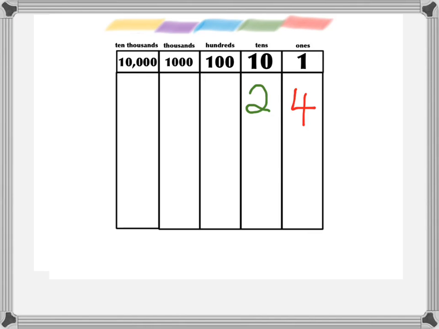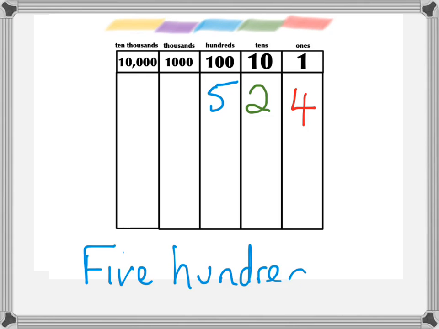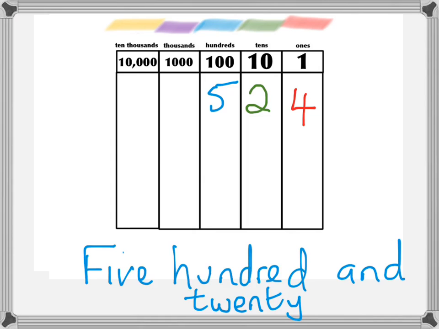Now, let's put something in the hundreds. What colour are we in the hundreds? We're going for a blue. In the hundreds, we're going to put a 5. So the way we would write this is we would say 500 and 24.